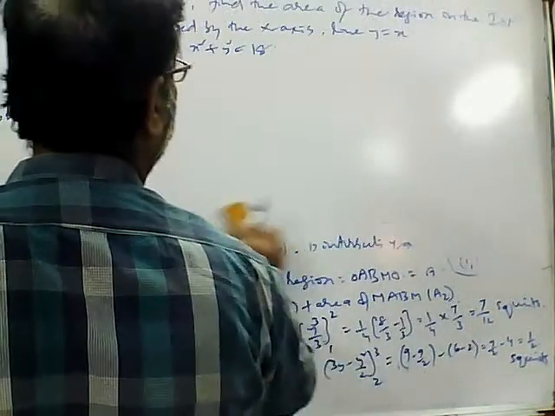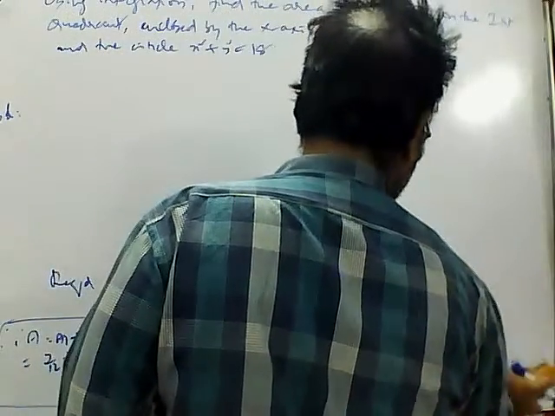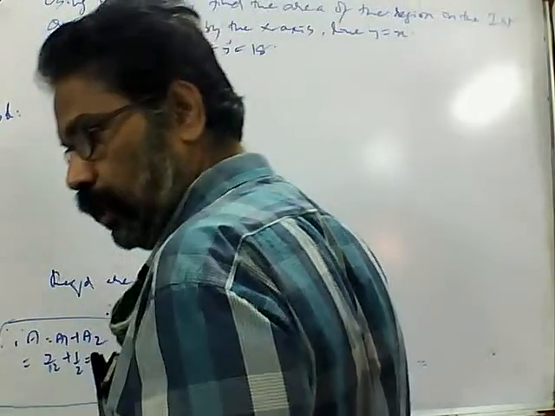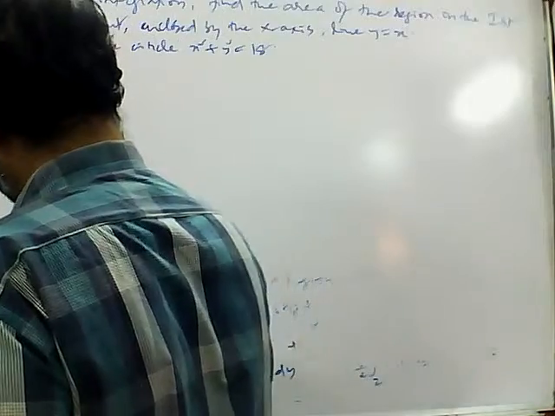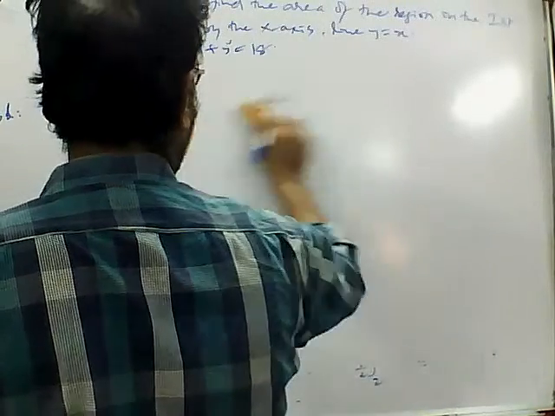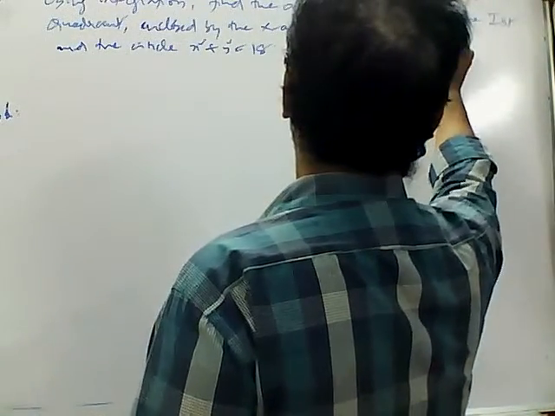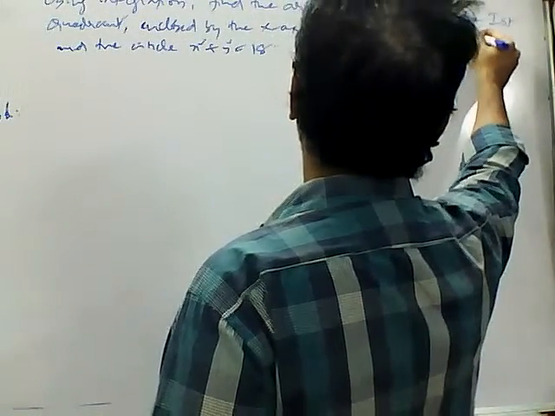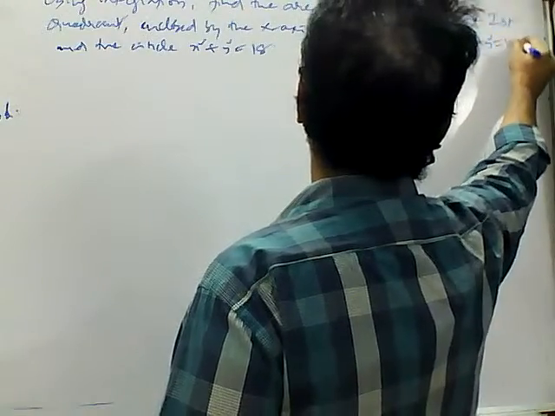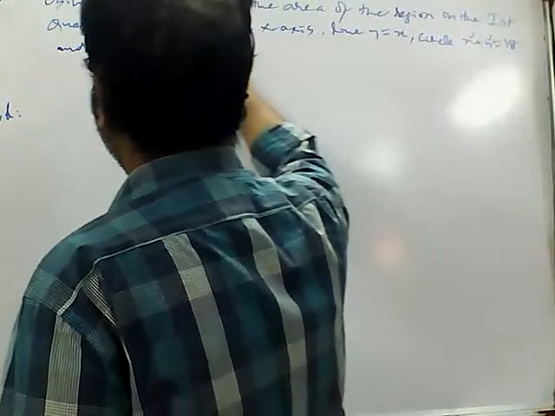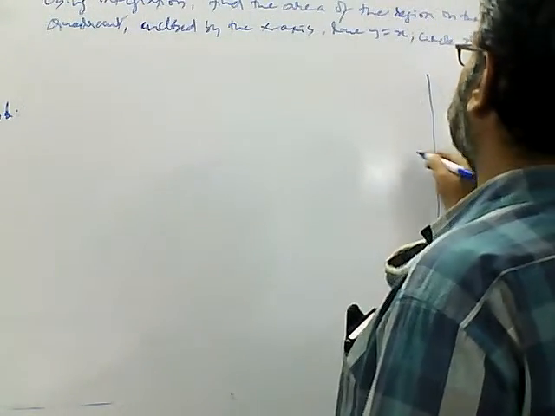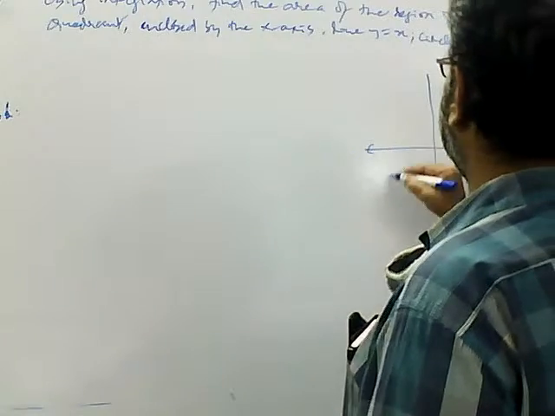So for the question, first you have to plot the figure. Okay, clear? Our circle is x square plus y square is equal to 18. First quadrant, enclosed by the x-axis and the line y is equal to x. Y is equal to x means this is the line.